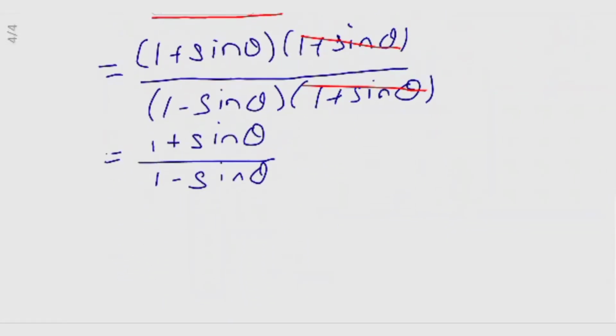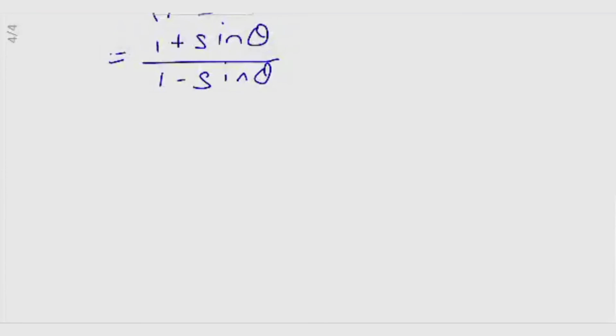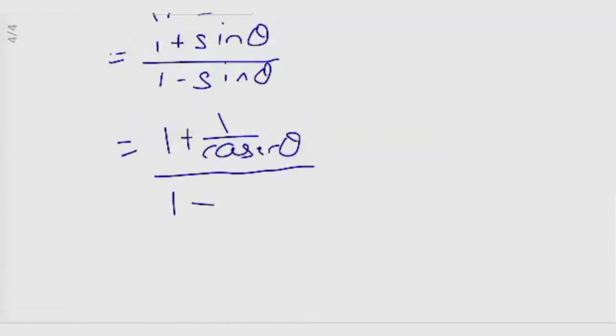So next here, 1 plus sin theta, we can write 1 divided by cosec theta, and this divided by 1 minus 1 divided by cosec theta.